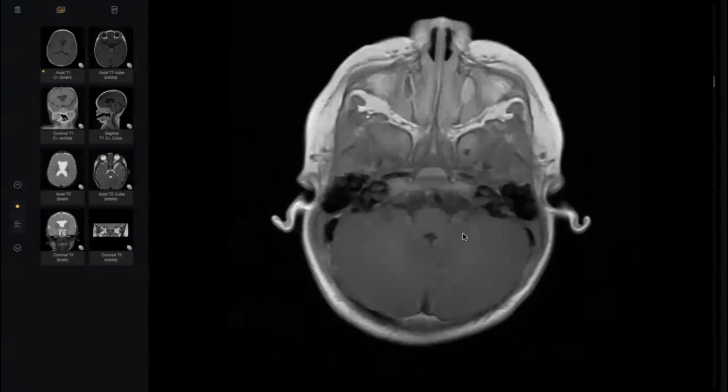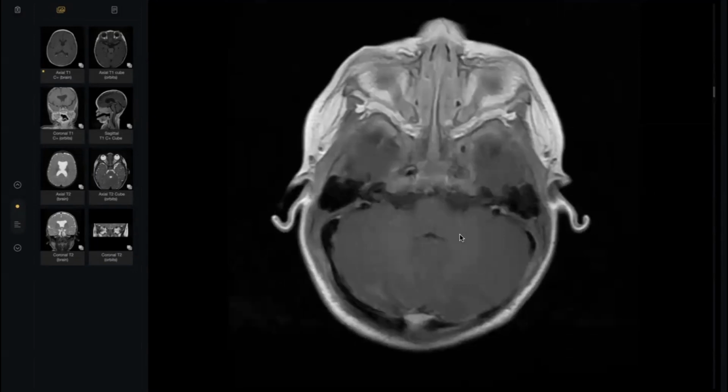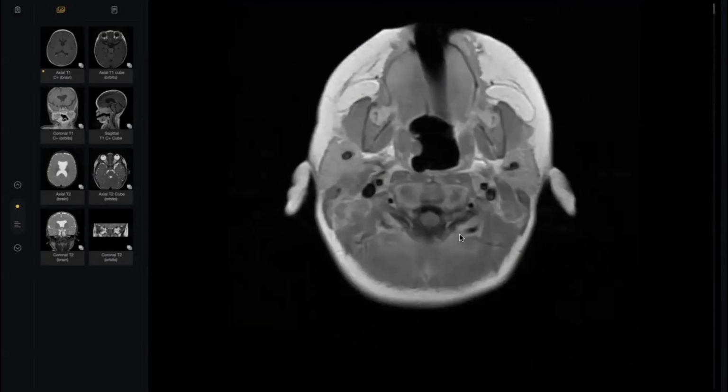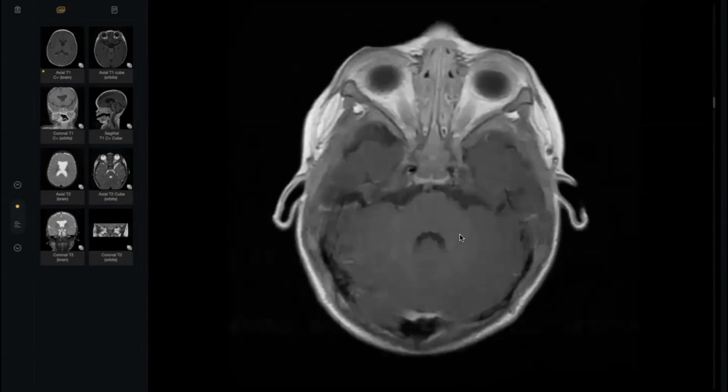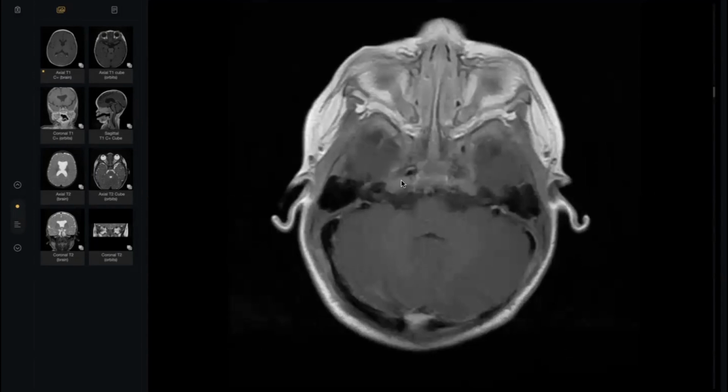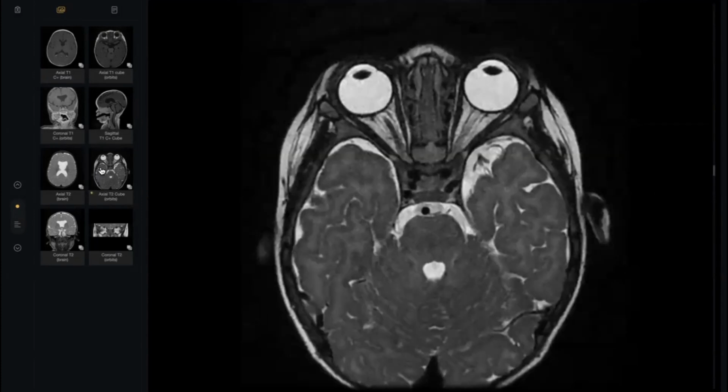The patient presented with strabismus, so I want to look at the optic chiasm. Can I have a look at some other sequence? I think the optic nerves are thickened and enhancing, but I would like to confirm.